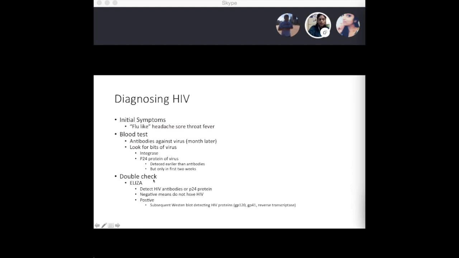But what we can do is double check. So we can do the ELISA, which is going to detect HIV antibodies or the P24 protein. And if it's negative, it means you don't have HIV. However, if it's positive, you're going to go on to do a subsequent Western blot detecting the HIV proteins GP120, GP41, reverse transcriptase.